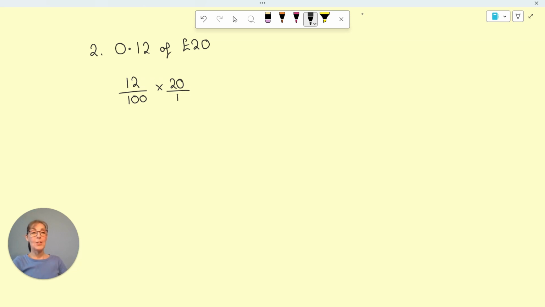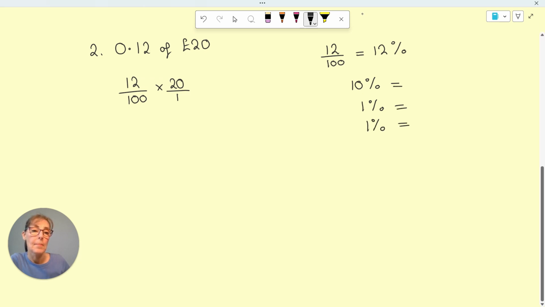I'm going to do this two different ways as well, I think. 12 hundredths is the same as saying 12%. So I'm going to find 10%, and then I'm going to find 1%. And then because I found 1%, I'm just going to put 2, and that makes my 12%.